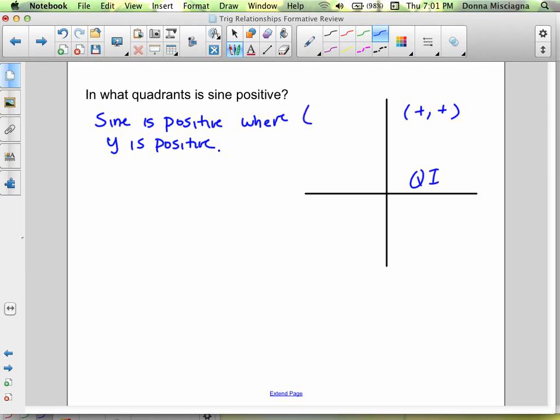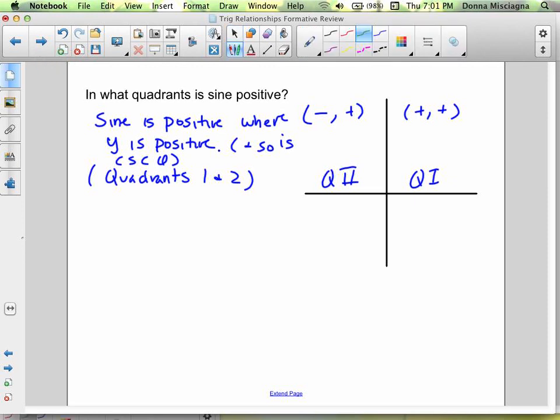Or here, where x is negative, but y is positive, and that's quadrant 2. So sine is positive where y is positive, that's quadrants 1 and 2. And not only is sine positive, so is cosecant. Right?